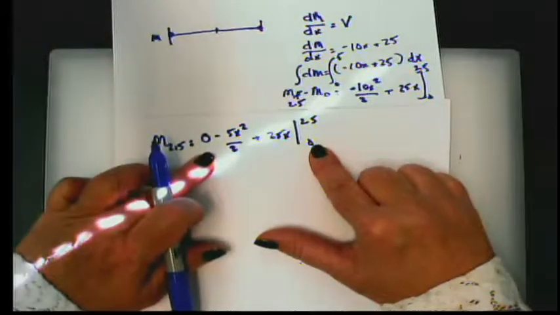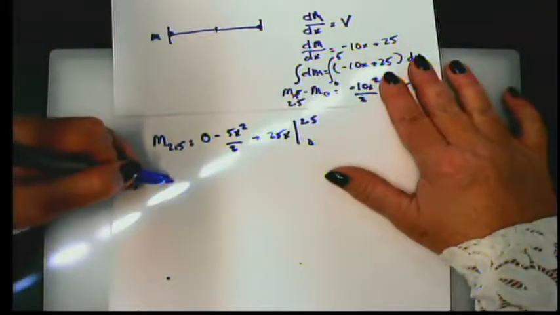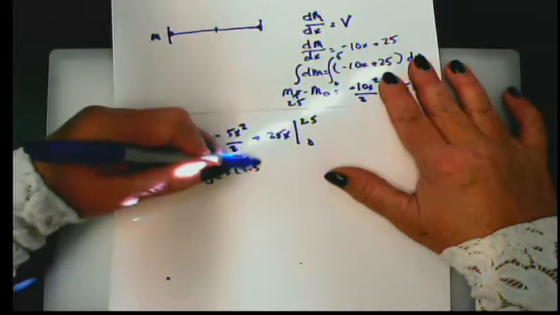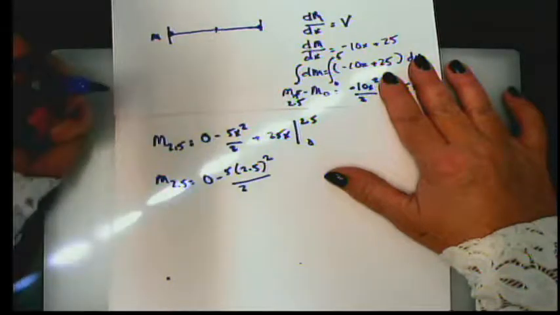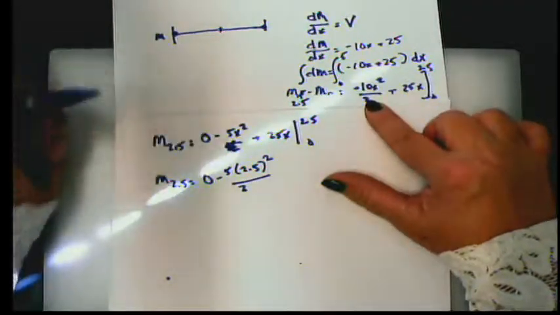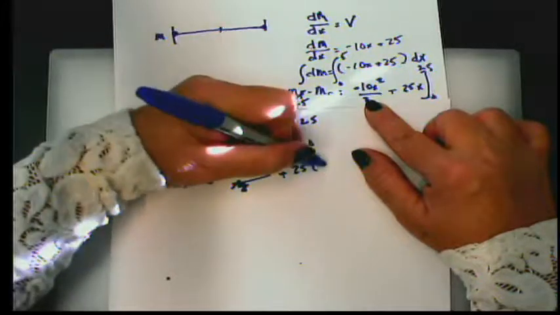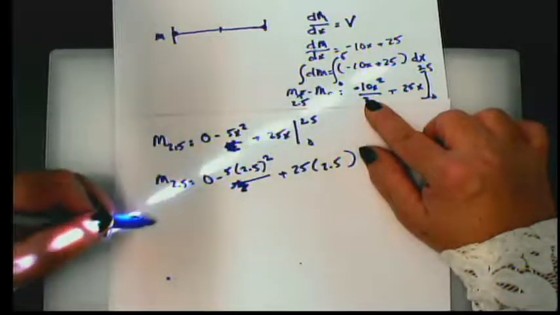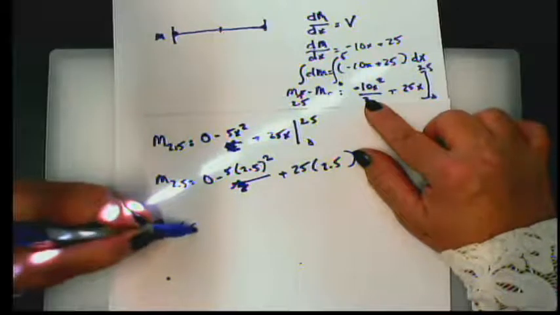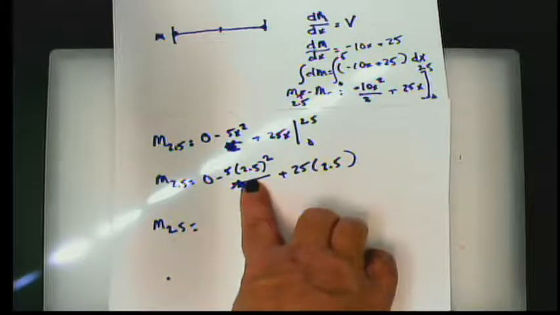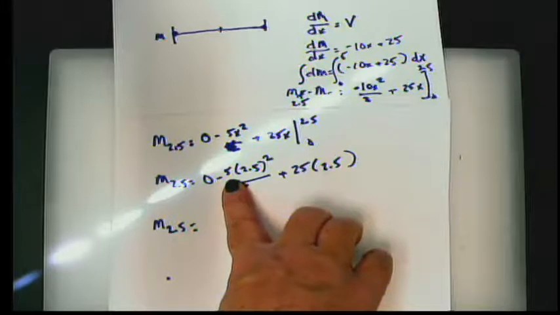My lower limit goes to 0. So the moment at 2.5 is 0 minus 5 times 2.5 squared. Oh, wait, that's not over 2 anymore, I already did that. Plus 25 times 2.5. So take 2.5 squared and multiply that by 5.